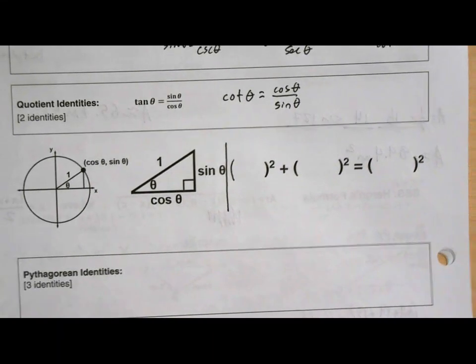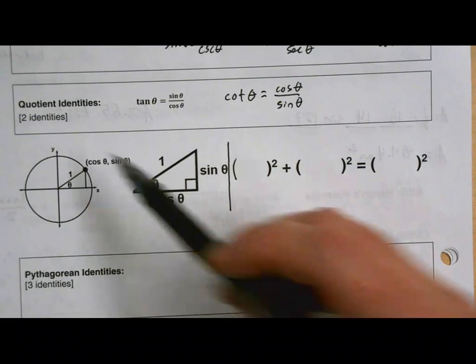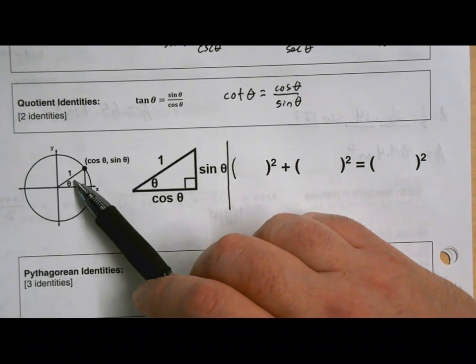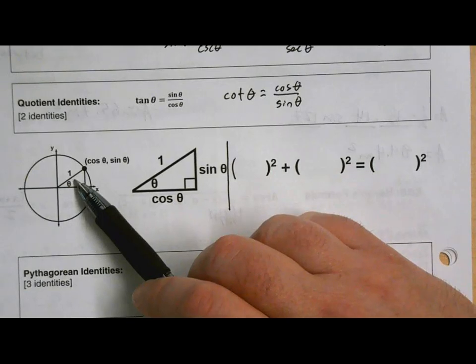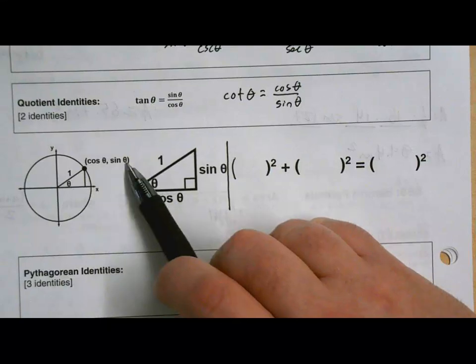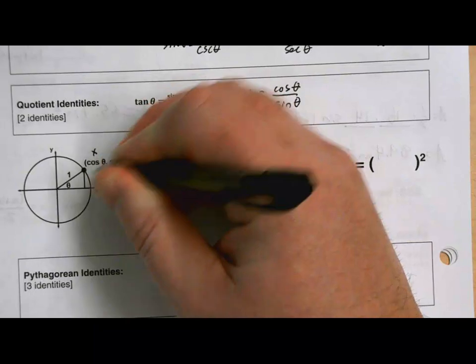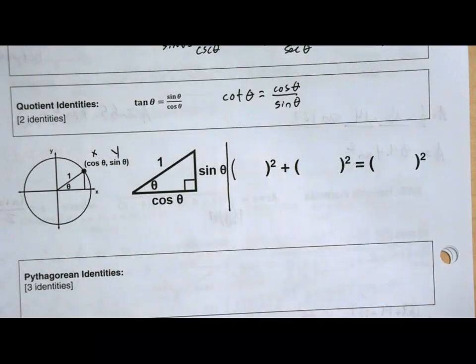So if you think about your reference triangle inside of a unit circle, we know this is a unit circle, right? Because it's got a radius of 1. And we think about our point here. By now, this should be second nature to us also. Do you guys all know that the x-coordinate of any point on the unit circle is cosine and the y-coordinate is sine?